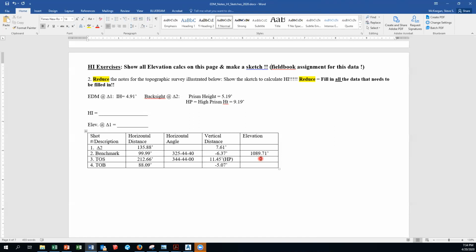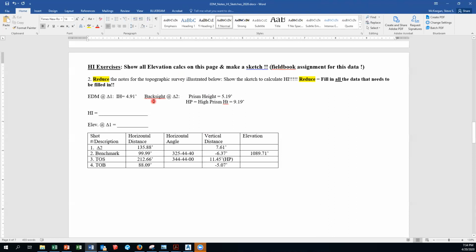So I'll put this out as an assignment and I'll give you some more instructions on that. And yeah, that'll be it. That'll be the only assignment. That'll be an easy one.